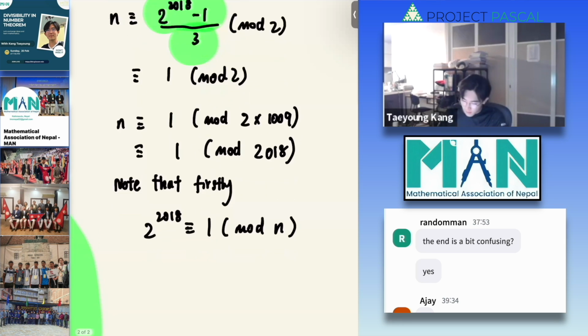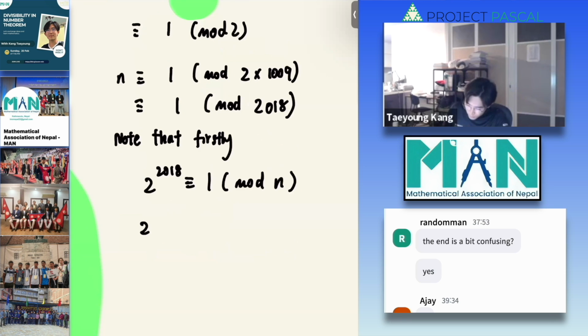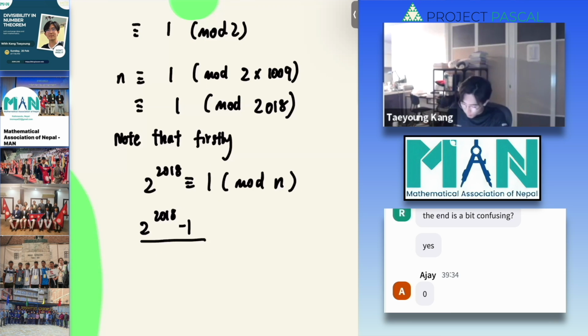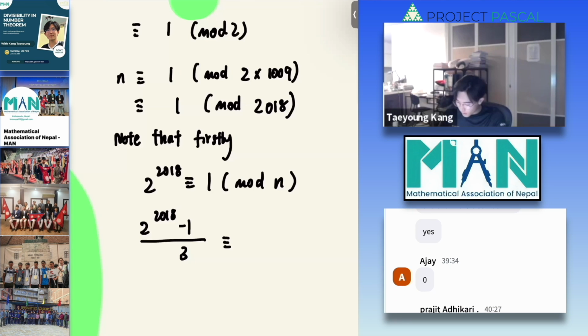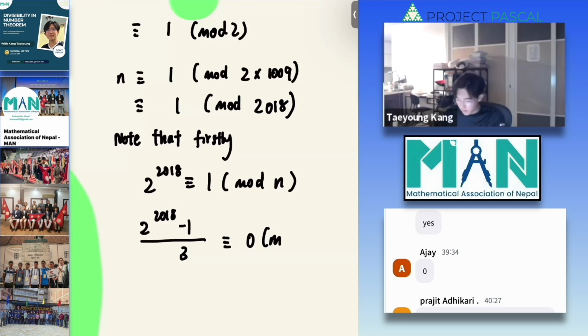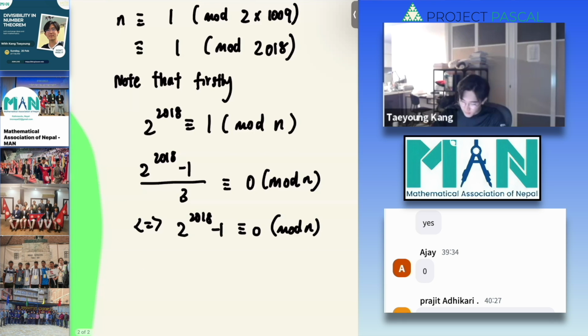It's because we have that (2 to the power of 2018 minus 1) divided by 3 is congruent to 0 mod n, right? Because that's the definition of n. So it implies that 2 to the power of 2018 minus 1 is congruent to 0 mod n. And therefore, it gives us this result.